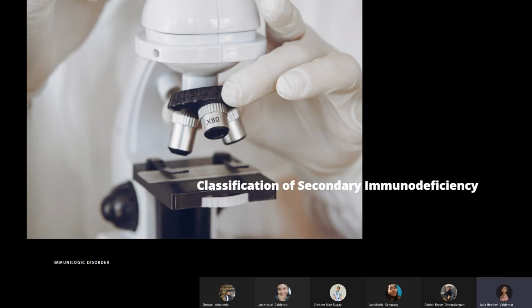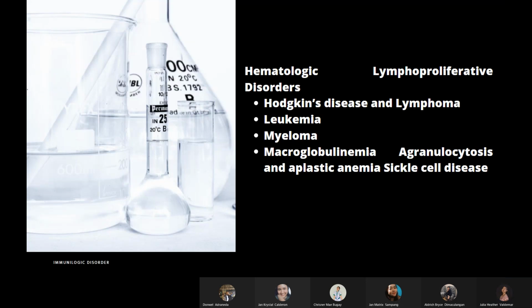So another factor in secondary immunodeficiency disorder is its classification. So what are the classifications of secondary immunodeficiency disorder? The first classification is the hematologic lymphoproliferative disorder.